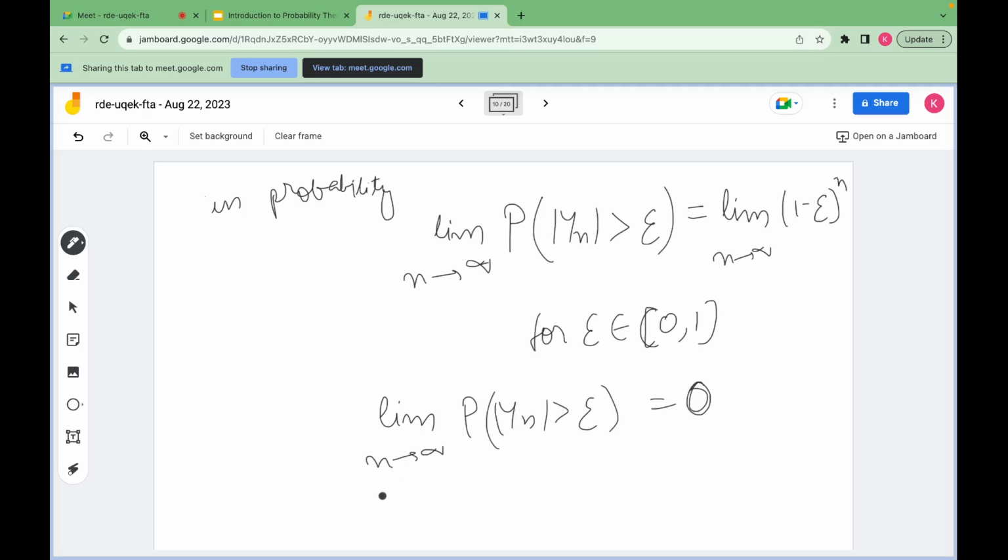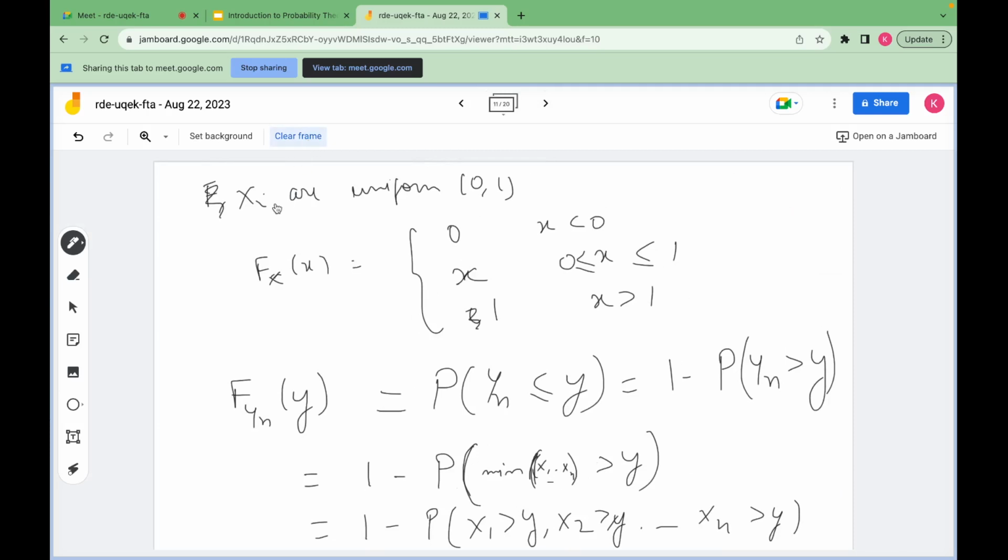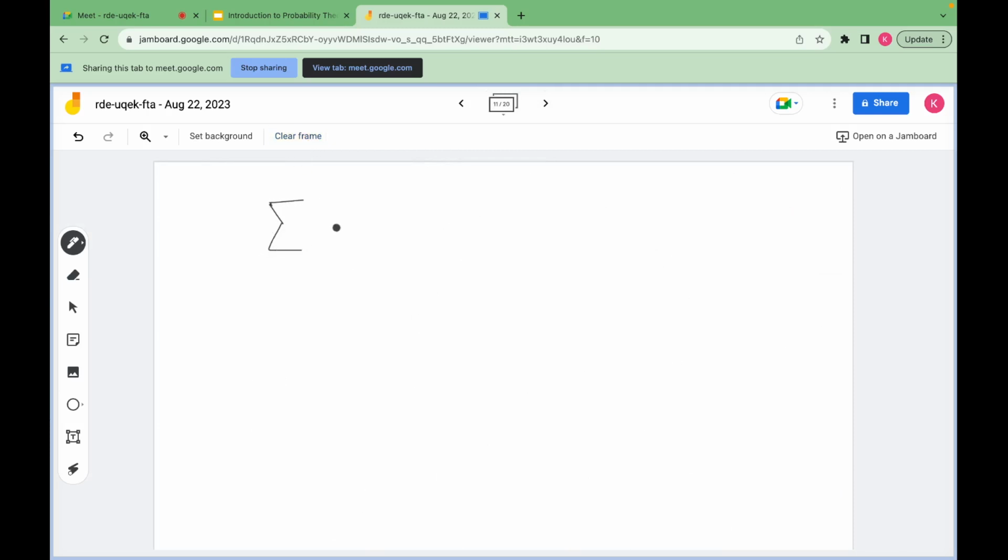But if we take this probability as a summation for n equal to 1 to infinity of the probability that Yn is greater than epsilon, this is nothing but the sum over n of (1 minus epsilon) to the power n.